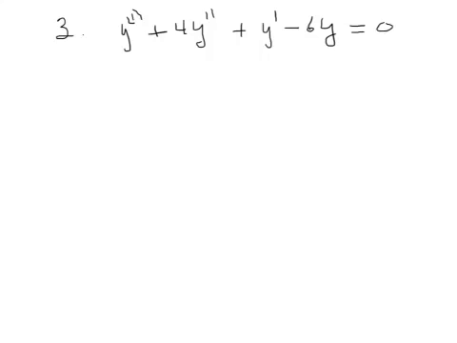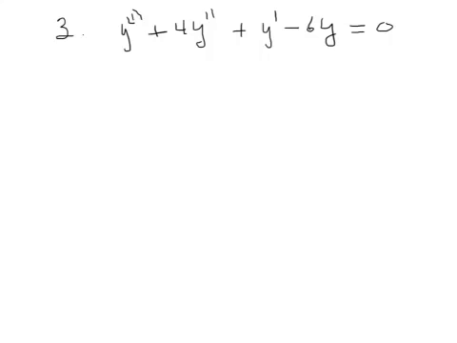The third problem is y triple prime plus 4y double prime plus y prime minus 6y equals 0. So notice that y triple prime doesn't look too good, but you can tell it's y triple prime.